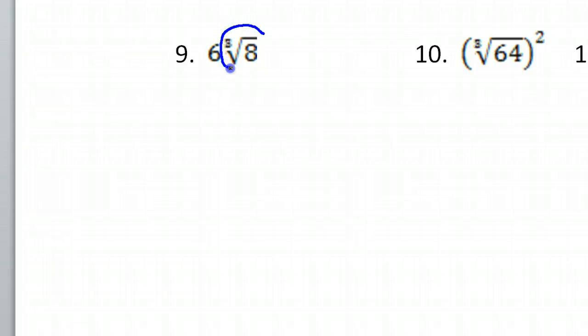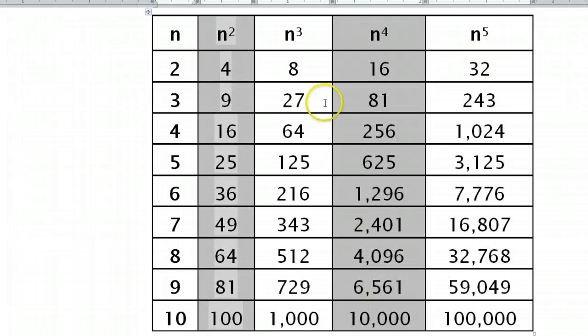First, let's just do the third root of 8. In other words, what to the third power will give me 8? I know it in my head, so I see the 8. 8 comes from 2. So 2 is the third root of 8.